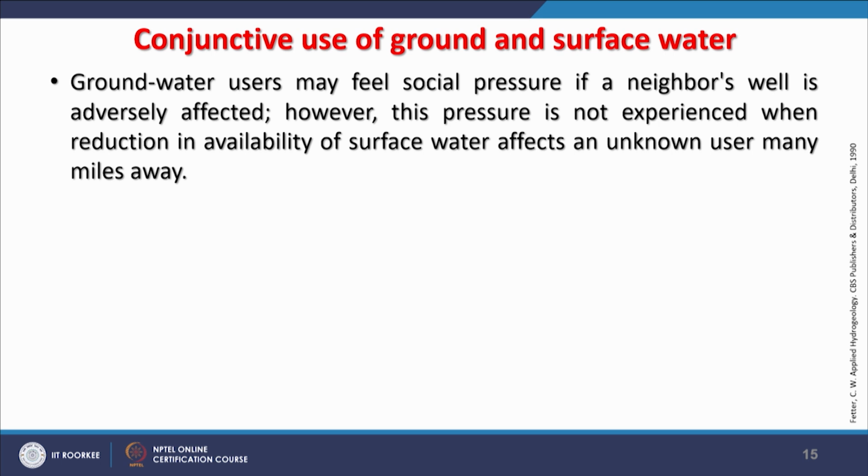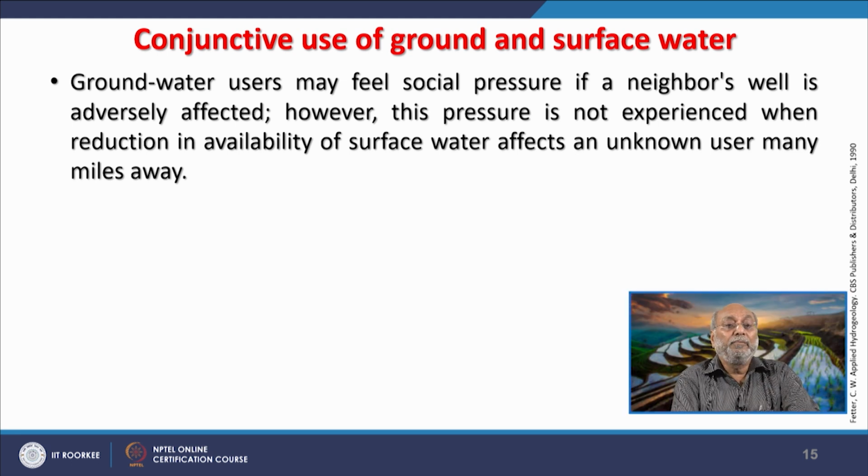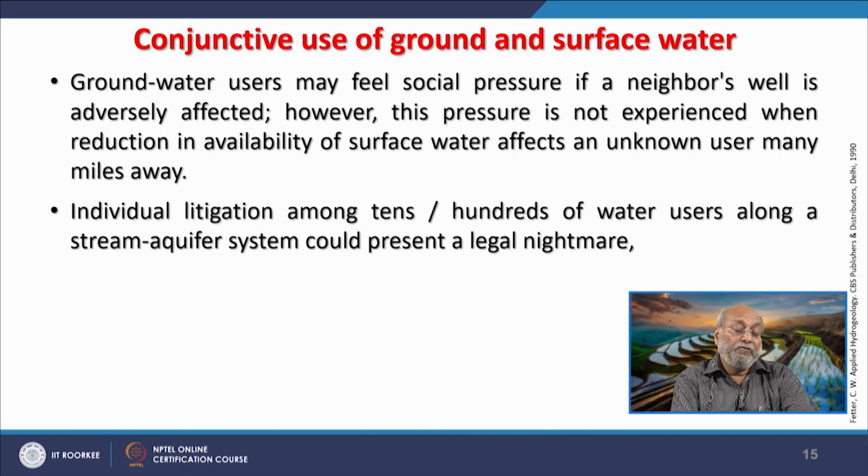However, this pressure is not experienced when a reduction in the availability of surface water affects an unknown user at a very far location. So individual litigation among tens or hundreds of users along a stream-aquifer system could present a legal nightmare.